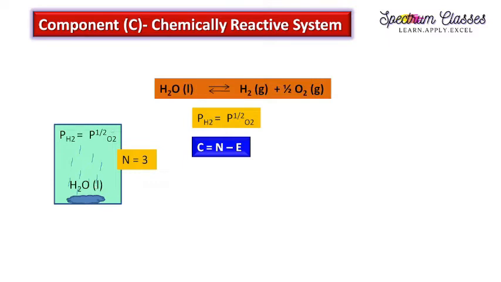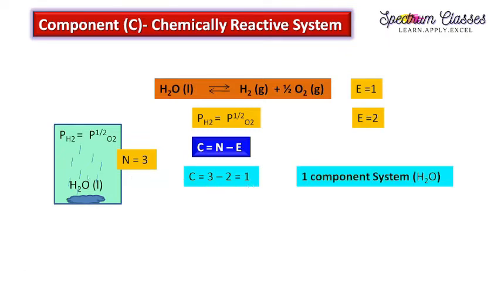This is 1, 2 and 3. So there are 3 species and 2 equations, one equation and a second equation. On putting the values, we come to know that this is a one-component system, or we can say each phase of this system can be described by the component H2O only.